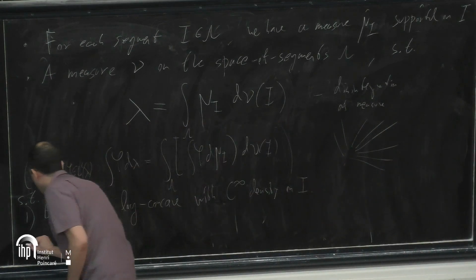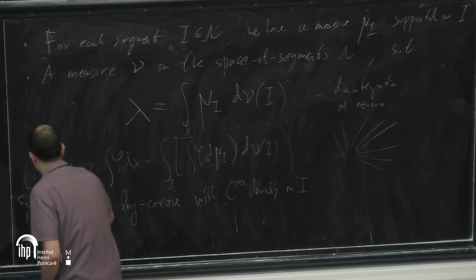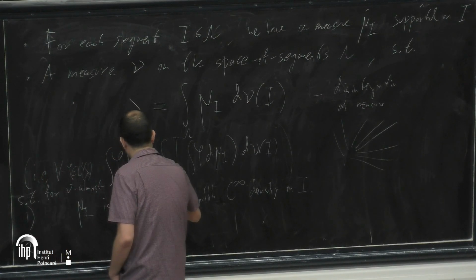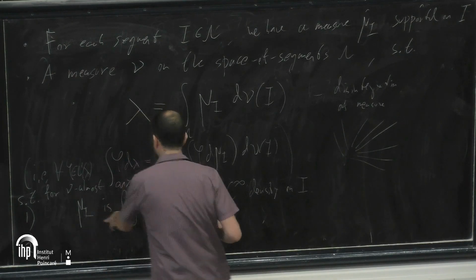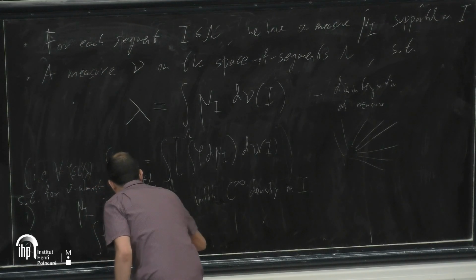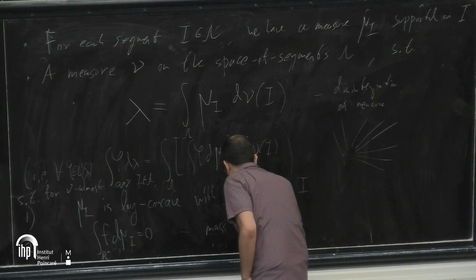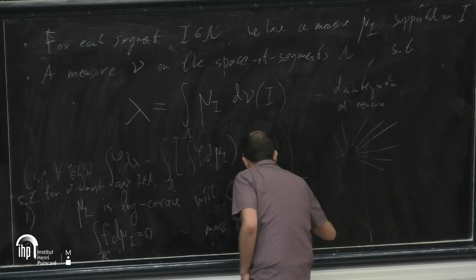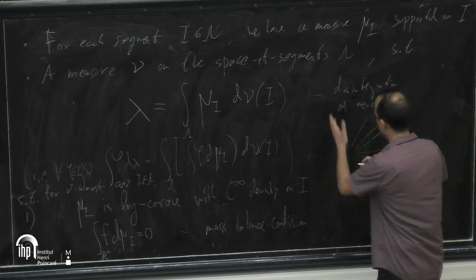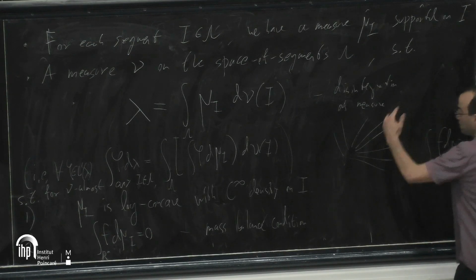And second, for nu-almost any I, mu I is log-concave, and the integral of f with respect to mu I equals 0. This is called the mass balance condition. So these are two important properties: log-concavity on each needle, and the fact that the integral of f d lambda was equal to 0, which we retain separately on each needle.